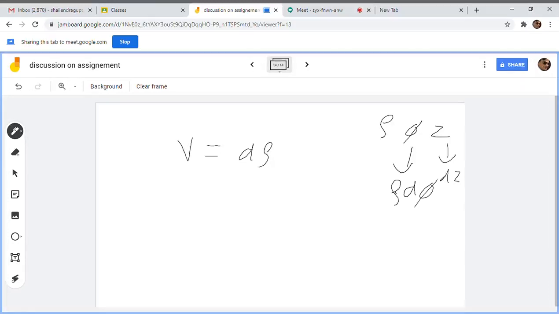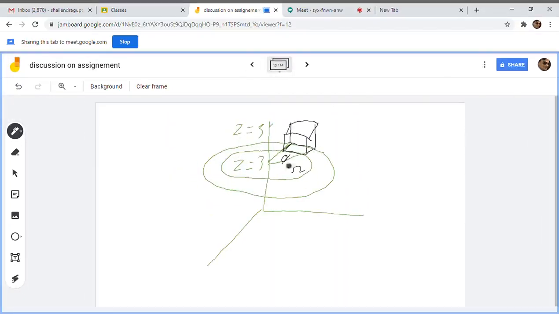So it will be rho d phi dz. Here you will cover all the dimensions: you have covered d rho, this d phi section, this curved part, and this z direction, dz.